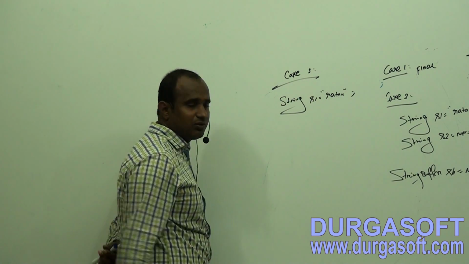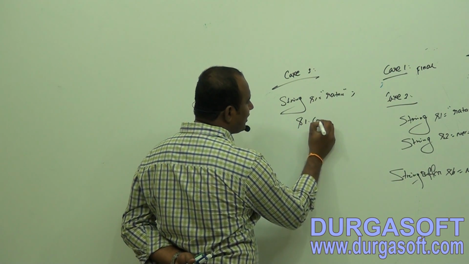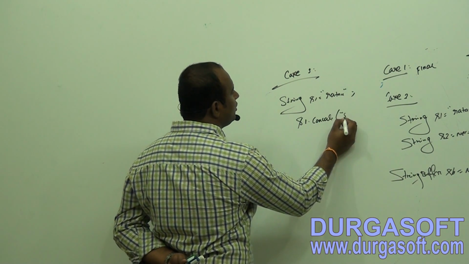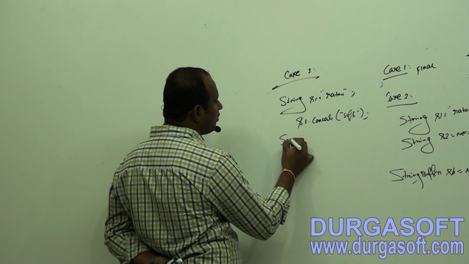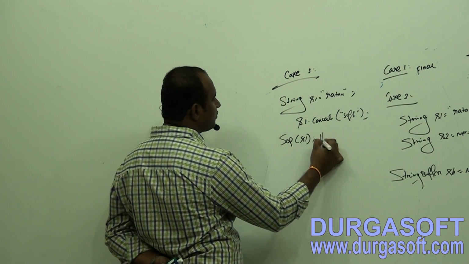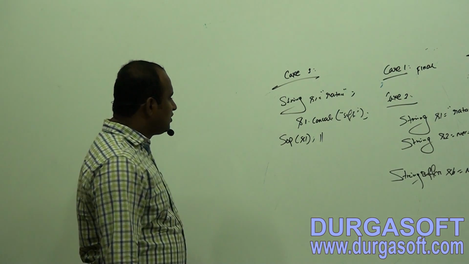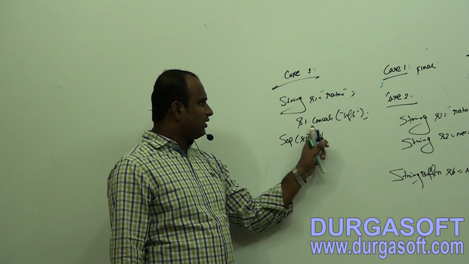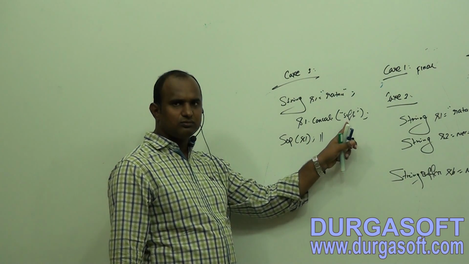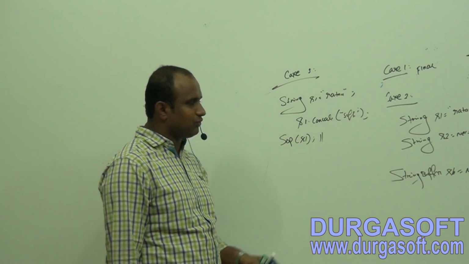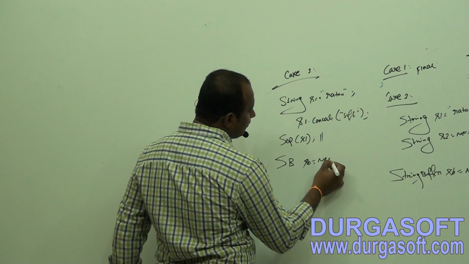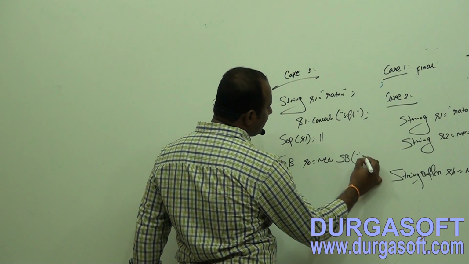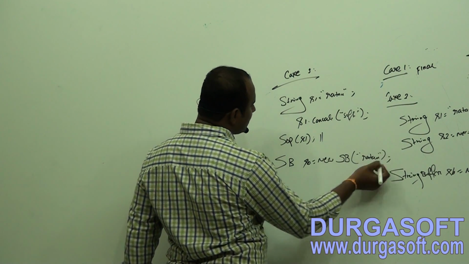I use the S1.concat method to add the data: S1.concat of soft. System.out.println of S1. What is the output? In the same way, StringBuffer sb equal to new StringBuffer of Ratan, here also Ratan.